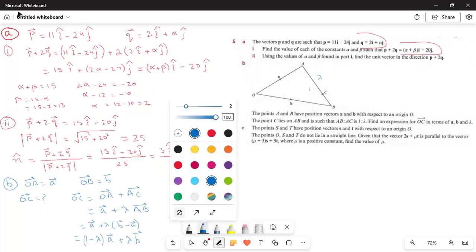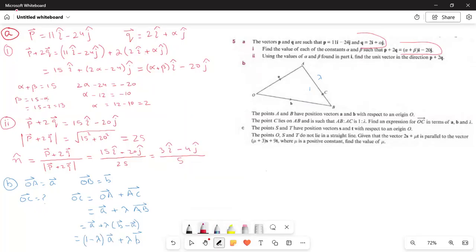Now, let me do part C. The points S and T have position vectors S and T from the origin O. So basically there are 2 points, S and T, and from the origin O there are 2 vectors.